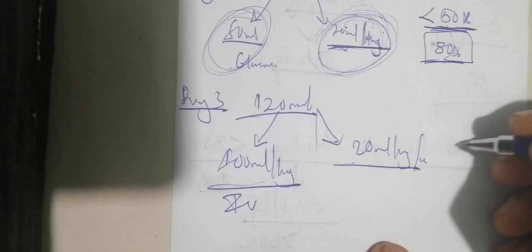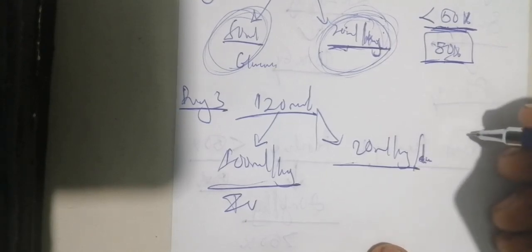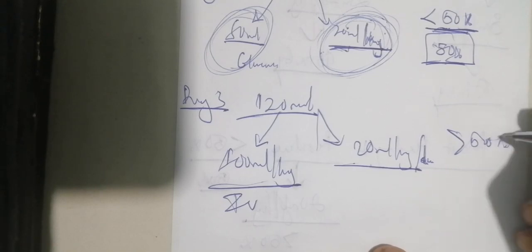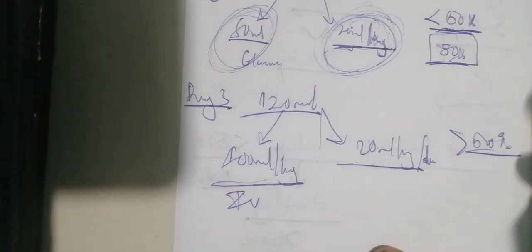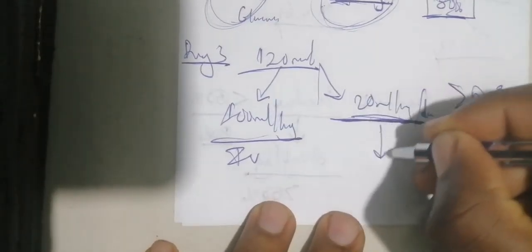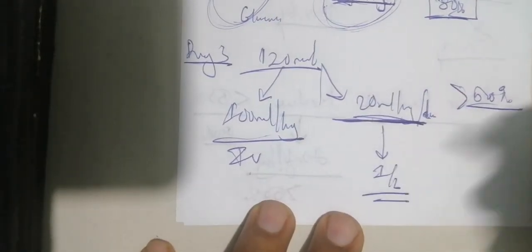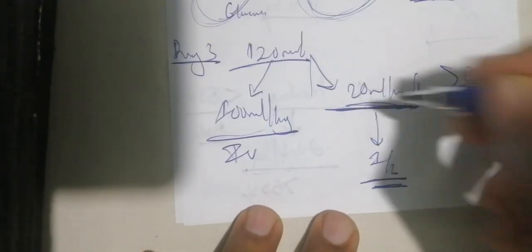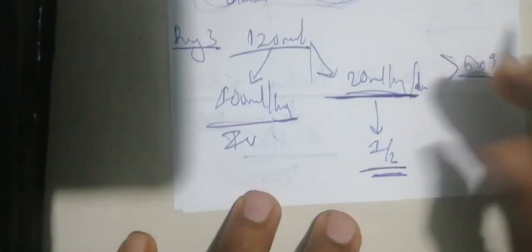Now, if I realize that the child instead has residue of more than 50%, I will reduce this by half. Is it clear? There is a certain formula you have to calculate even for the residues. You will reduce by half, and you add the other 10 in this, and you also add the 20 for the next day.